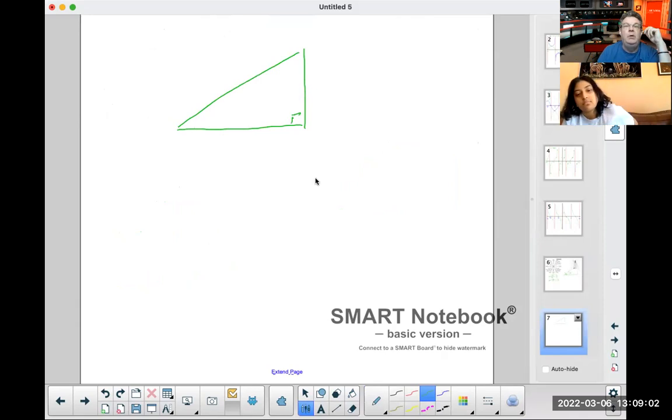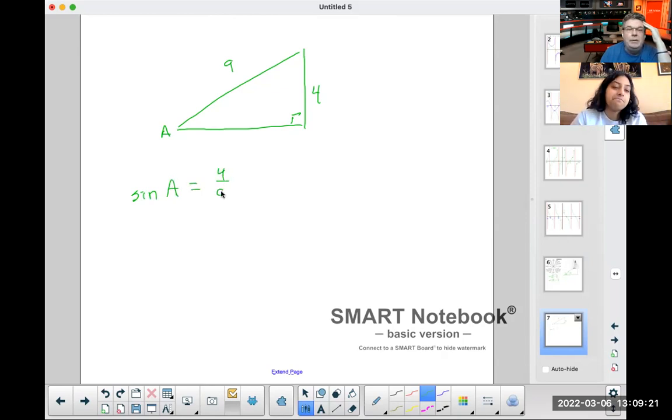So say this side is 4 and this is 9, and this is A. I've got to find A. Well, we're taught that the sine of this angle equals 4/9.